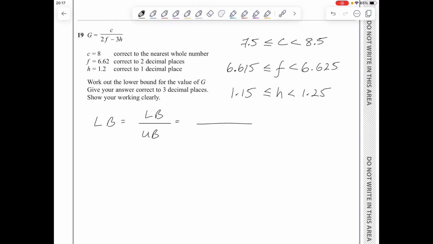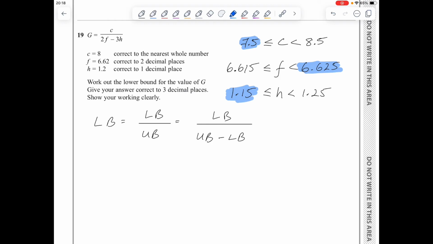And now for the denominator, I have a difference. Therefore, I'll take the upper bound of the first number minus the lower bound of the second number. So I will need the 7.5, 6.625, and the 1.15.